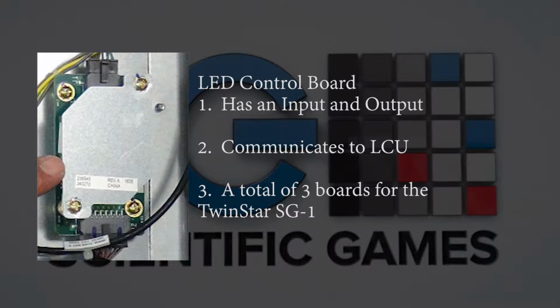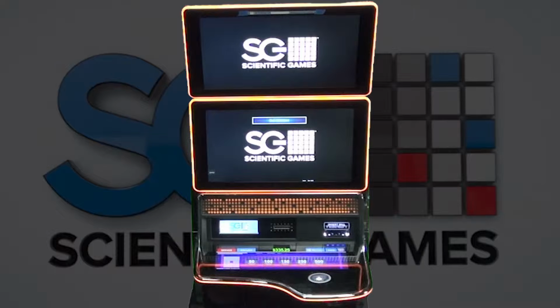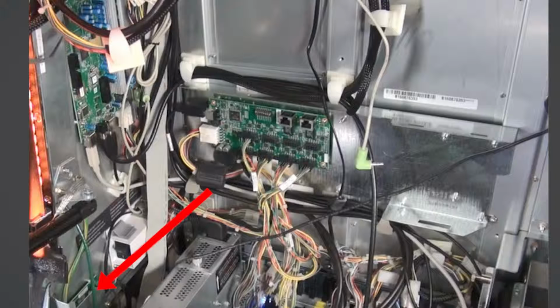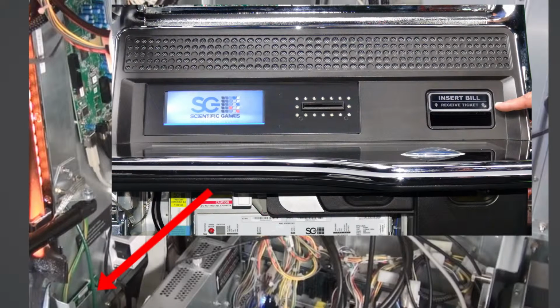They are located throughout the cabinet. In this particular configuration, there are a total of 3. One for each monitor, the main and the upper monitor, and one for the iDeck, the pillow assembly, and BB card reader LED housings assembly.